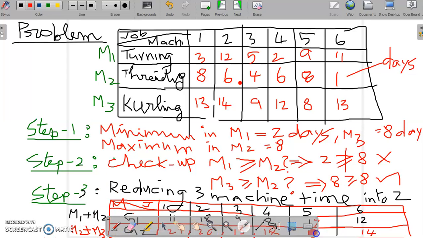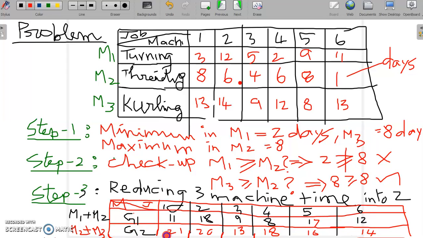Adding the machine times of M2 and M3: 8 plus 13, 21; 6 plus 14, 20; 4 plus 9, 13; 6 plus 12, 18; 8 plus 8, 16; and 1 plus 13, 14.